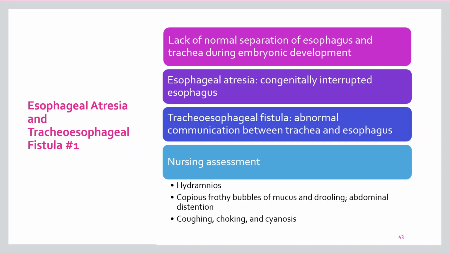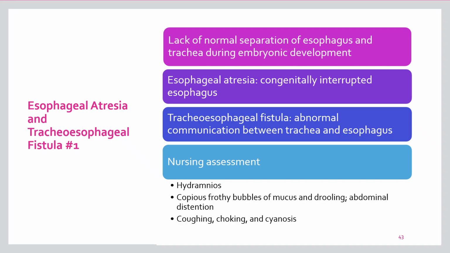There is another condition where there is a blind end, so the esophagus is not connected anywhere, which is even worse. Esophageal atresia is a congenitally interrupted esophagus, and tracheoesophageal fistula is an abnormal communication between the trachea and esophagus.